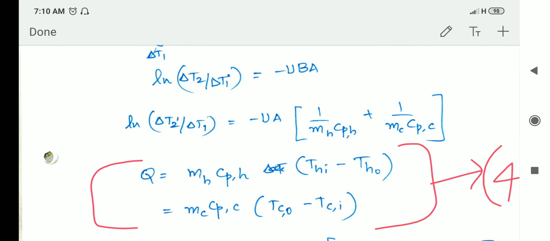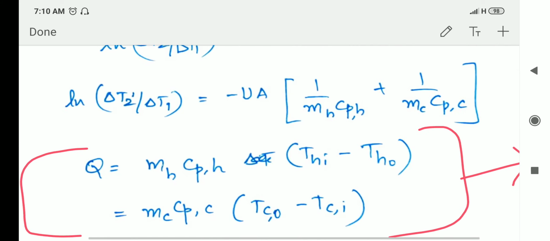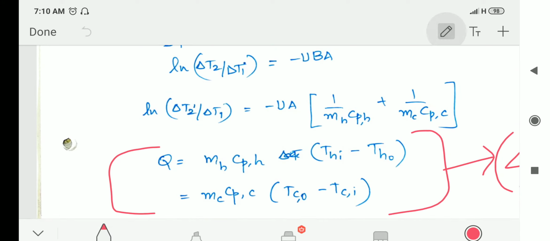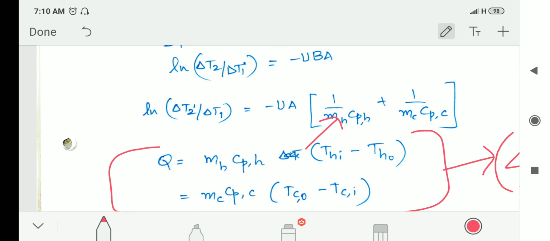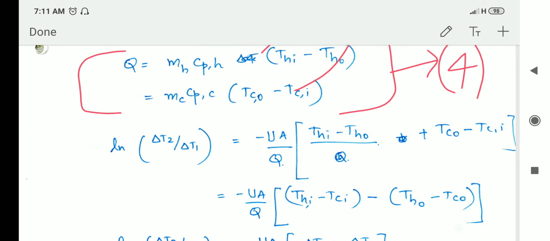Here 1 by mh cph we can make, right? 1 by mh cph equal to Thi minus Tho by Q, right? So that we can substitute in this equation, and this we can substitute in this equation. So upon substitution it will be like this, minus UA by Q, Q is a common term, into Thi minus Tho plus Tco minus Tci.